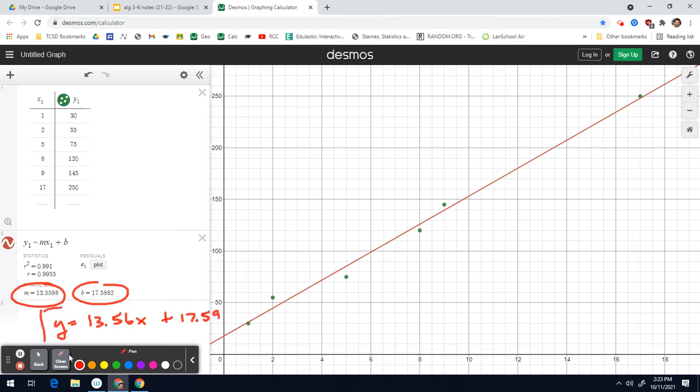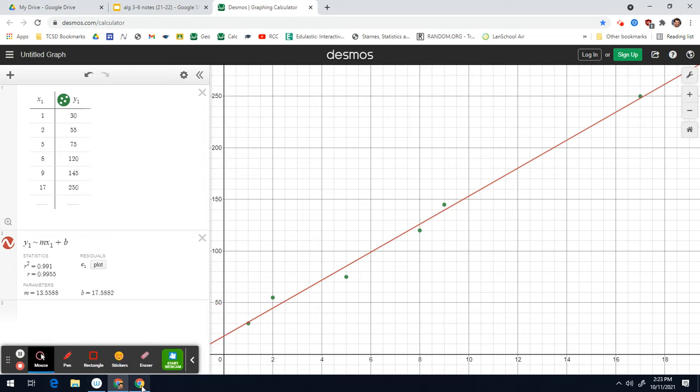There is our equation for this line of best fit. You can see it graphed, and you can see how it kind of goes through the data. It doesn't connect all the dots, but kind of just goes through. So there we go, line of best fit through Desmos. Okay, next question, or next idea in our notes.